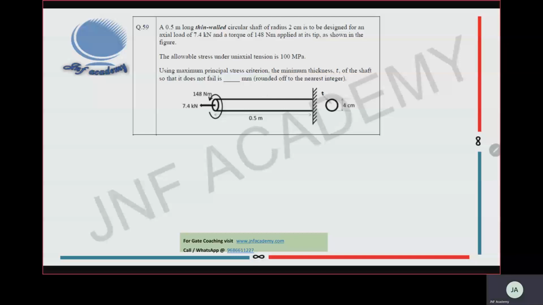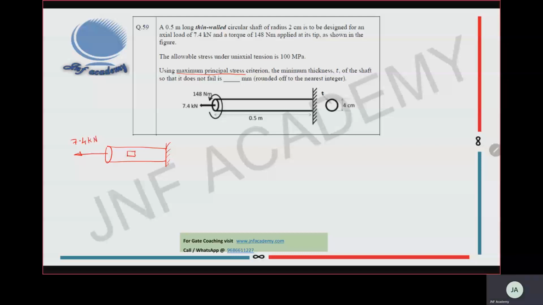So here they are asking you to use the Rankine failure theory, that is maximum principal stress theory. If you look at the structure, it is subjected to uniaxial tension as well as torsion. Let me take the cases individually. Here 7.4 kilonewton is acting.